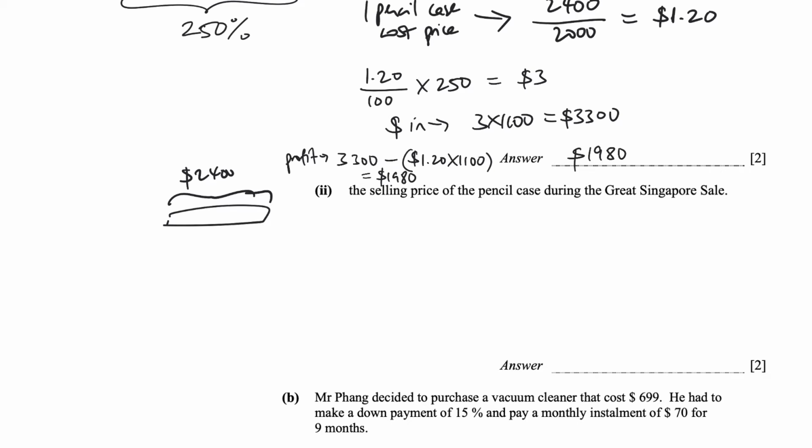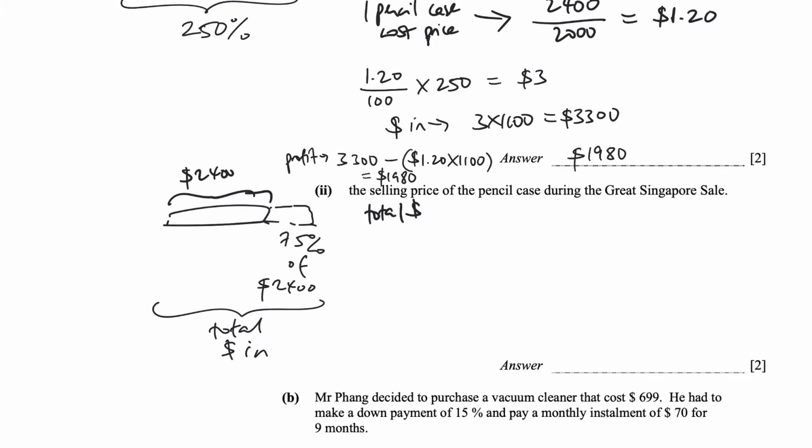That means there's an extra, and this is 75% of $2,400, and this is her total money in, total revenue, if you would. So let's find the total money in overall.